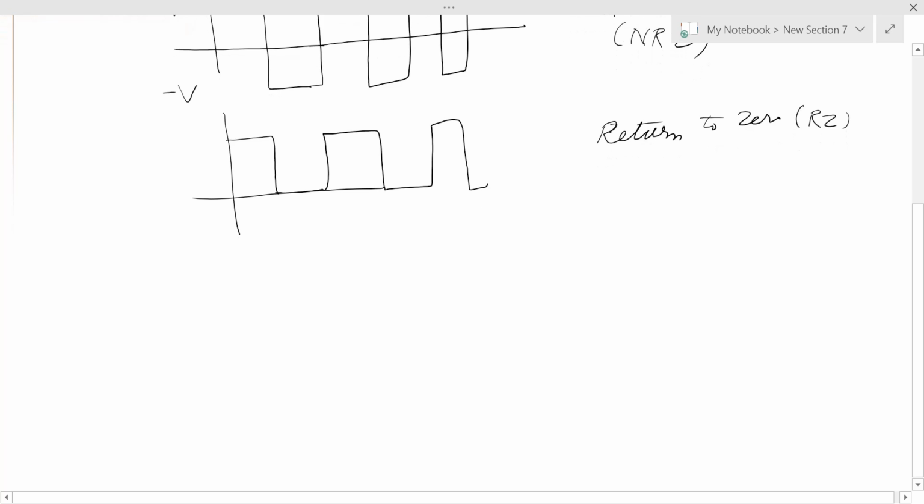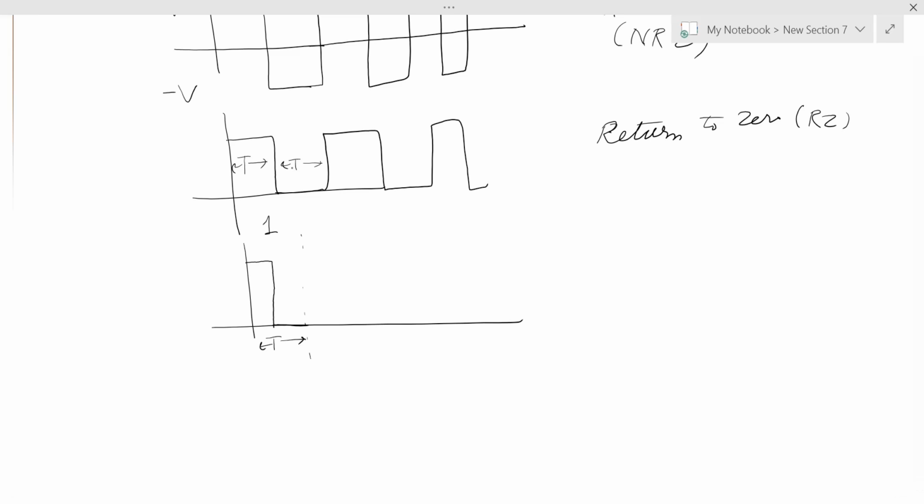And in fact, return to 0 can have one more way, that a positive level is determined by a bipolar signal. Suppose if this interval represents 1, that means there will be this positive to negative part. For this, remember that the pulse interval is some t. A bit is represented by a pulse interval t, and we have the amplitude of the signal in the pulse, for time interval t.